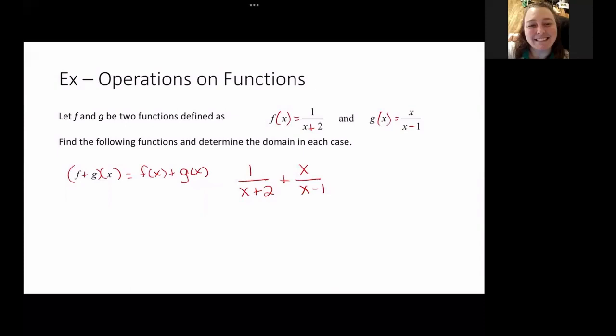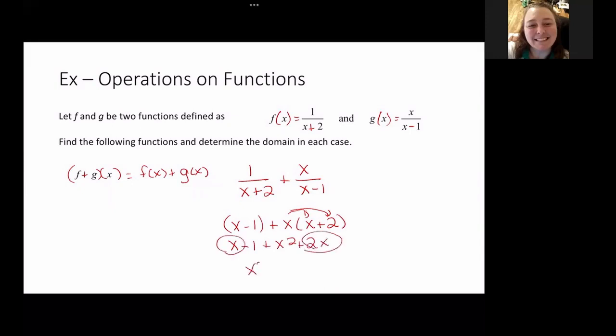Now we can get rid of those denominators by doing our cross multiply. 1 times x minus 1 plus x times x plus 2. Let's distribute. x minus 1 plus x squared plus 2x. Let's combine.